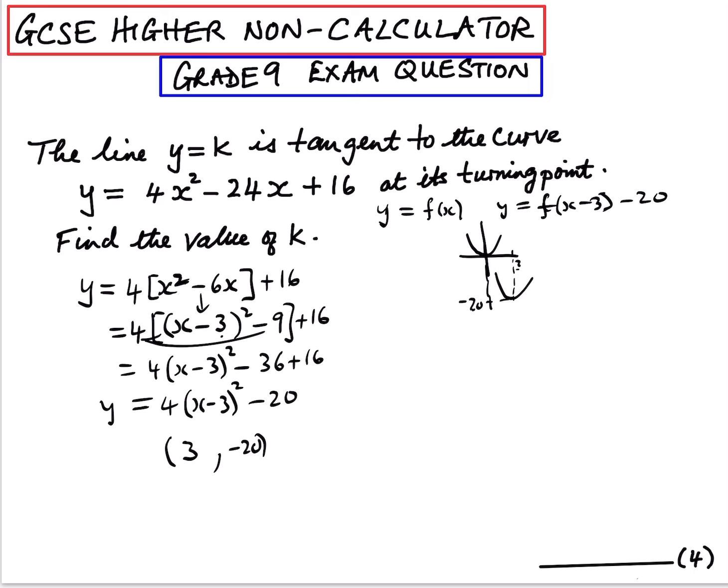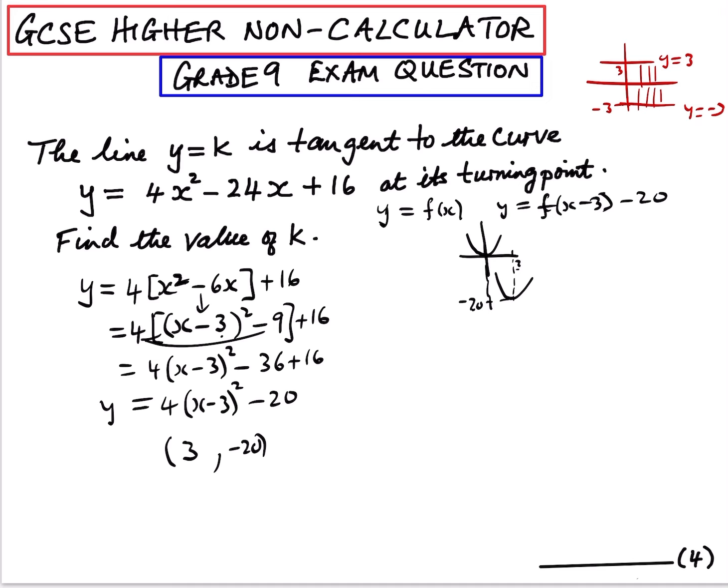So where's the line y equals k? Knowing it's tangent to the curve at the turning point. Well, any line y equals something, that height is always the same.